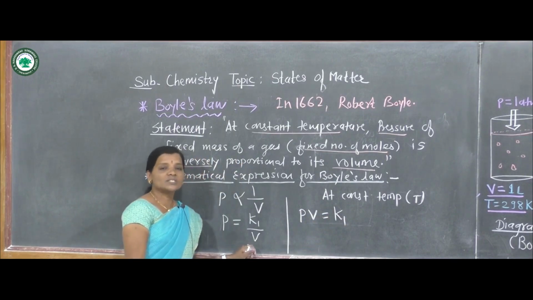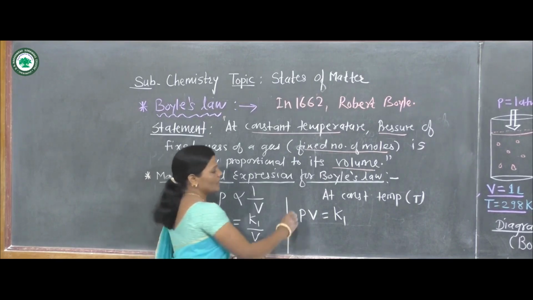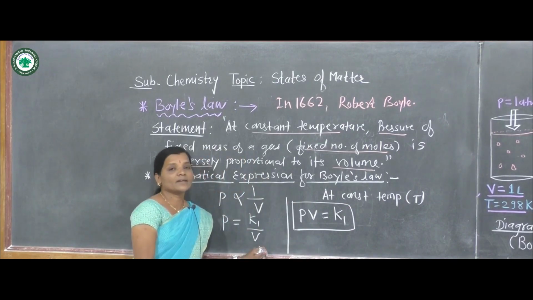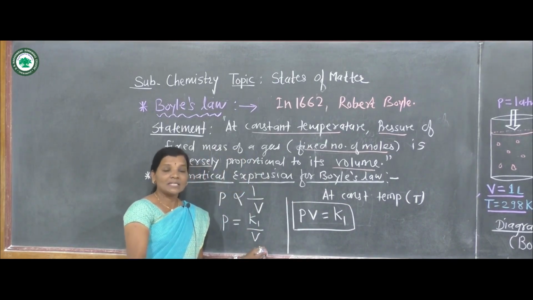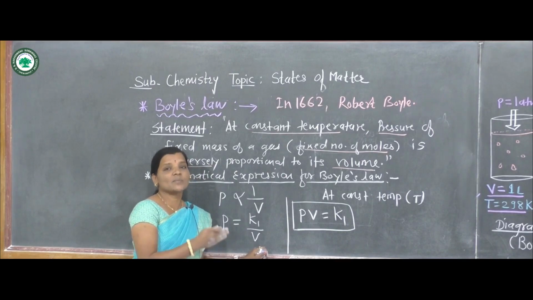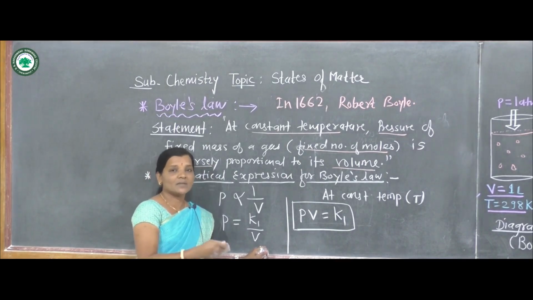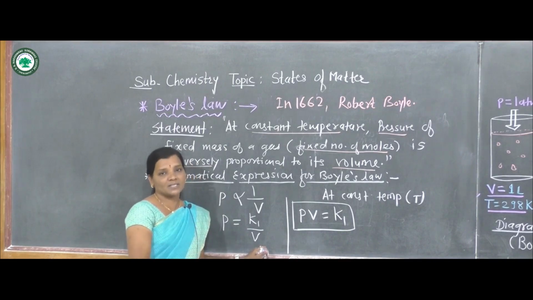That is, at constant temperature, the product of pressure and volume of a gaseous system remains constant, but that gas has a fixed number of moles. Mass of that gaseous system is fixed and remains constant throughout.